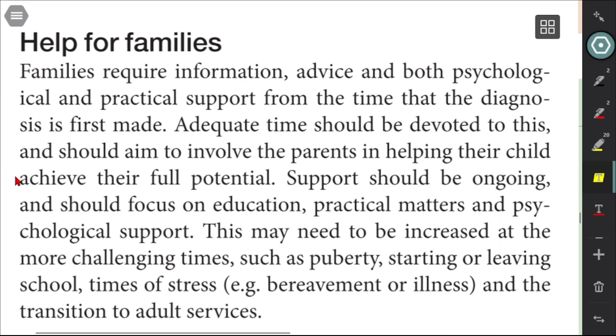Support should be ongoing and should focus on education, practical matters, and psychological support. This may need to be increased at the more challenging times, such as puberty, starting or leaving school, times of stress like bereavement or illness, and the transition to adult services.